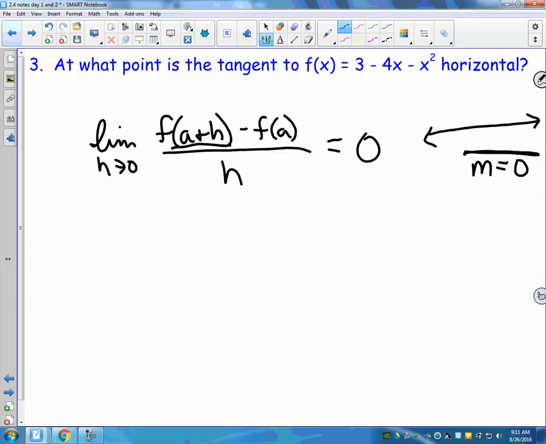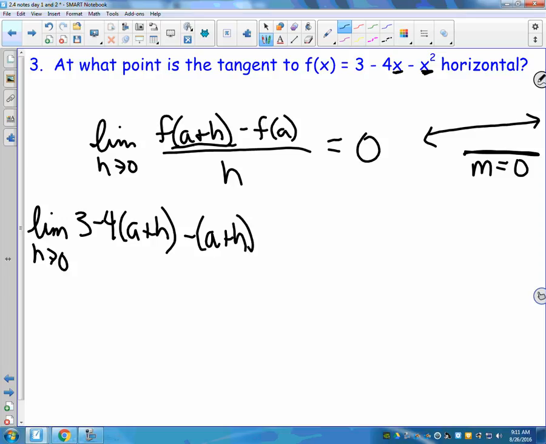A plus h means I have to plug a plus h in here and in here, right? So I would get the limit as h approaches 0 of 3 minus 4 times a plus h minus a plus h squared.